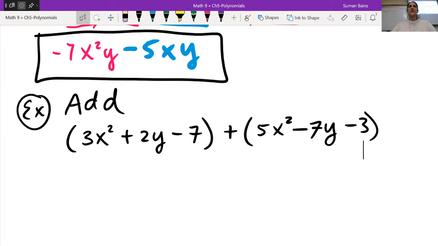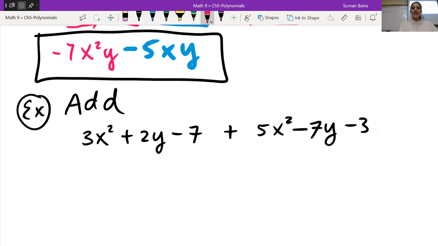Do the brackets matter in this case? No, so I don't need them there. I'm going to just simply get rid of them. You could erase them, but basically, they don't necessarily need to be there.